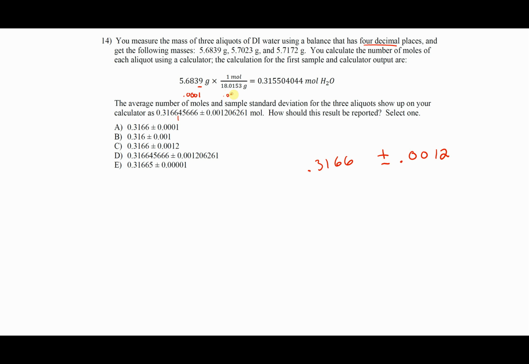Our error from our grams of water is also in the 4th decimal place, right? This is an infinite number of sig figs because it's 1. So we can only have 4 sig figs in our answer, which means our error will be in the 4th decimal place. So our instrument response for this happens to be in the 4th decimal place. Which one is bigger, right? A 12 or a 1? It winds up it's the 12, and our answer stays, so our answer is C.